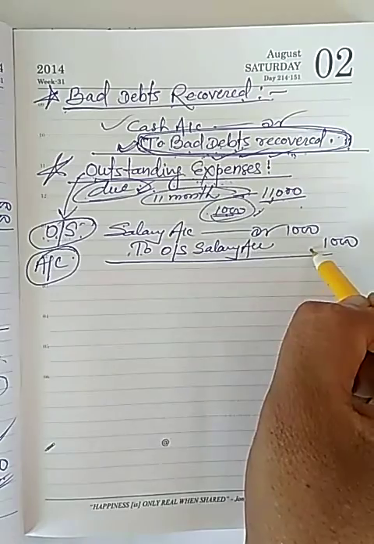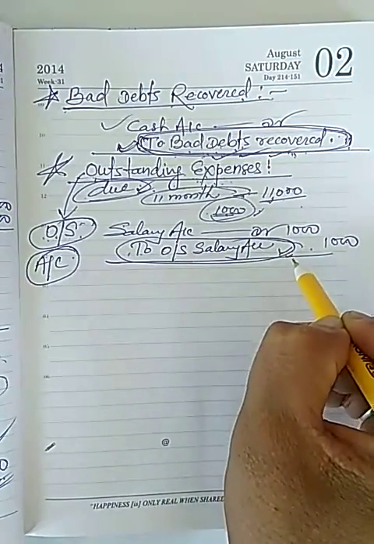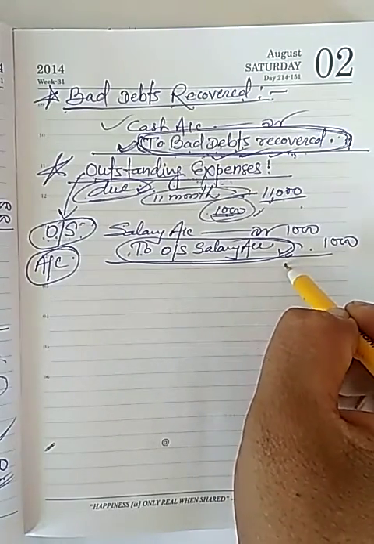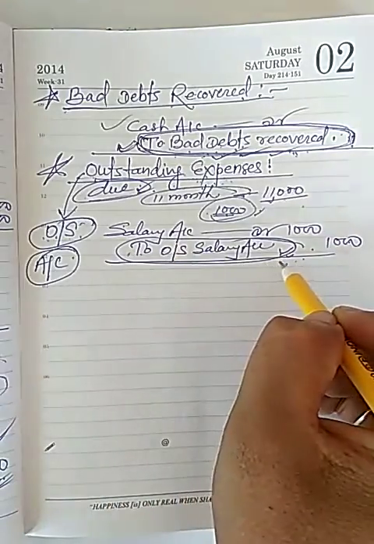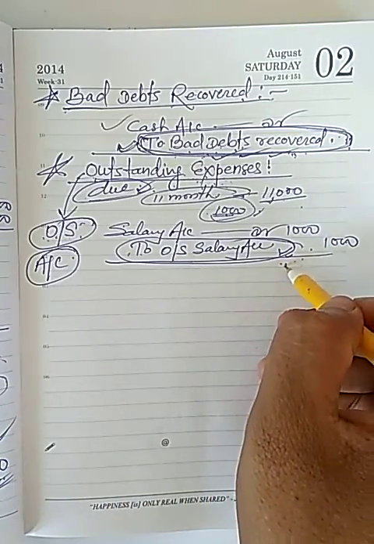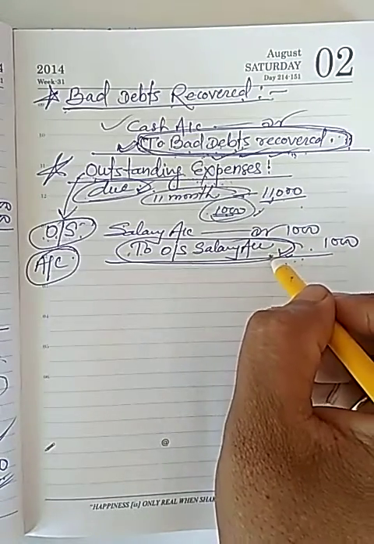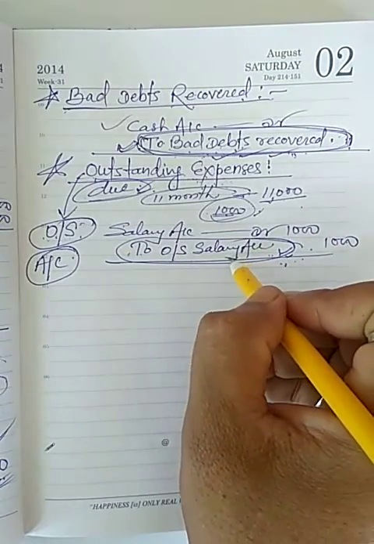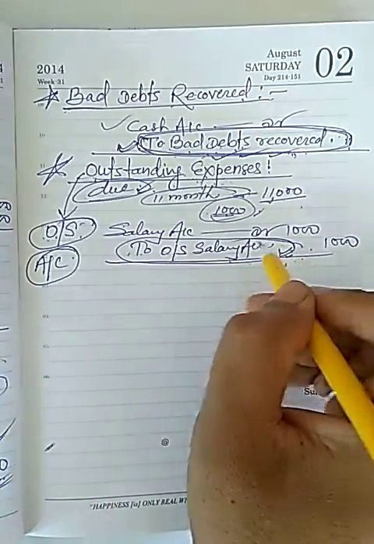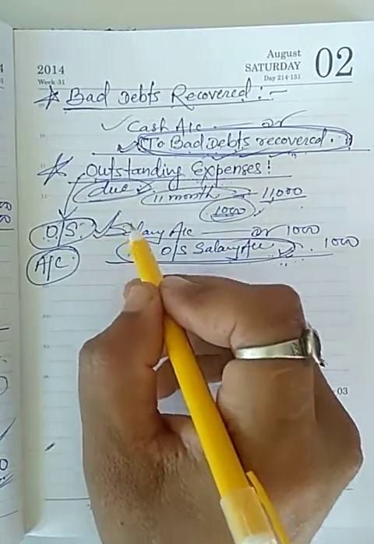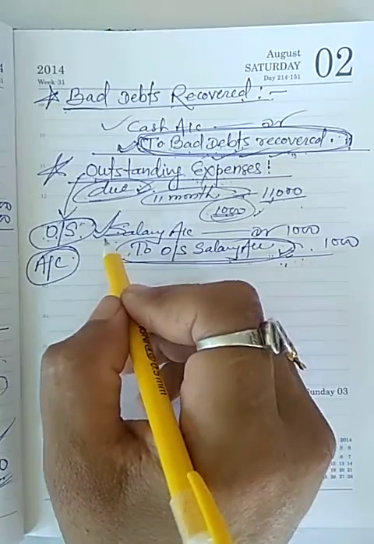Outstanding salary is a liability. It has been credited because it is a representative personal account representing the employees to whom salary is to be paid, and this is our expense, so it will be debit.